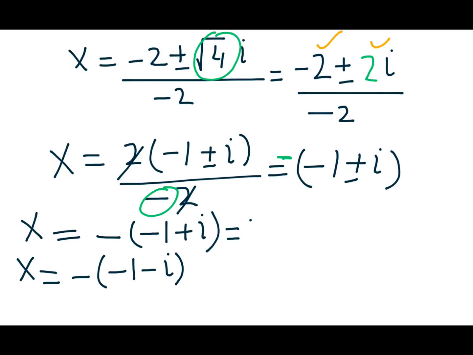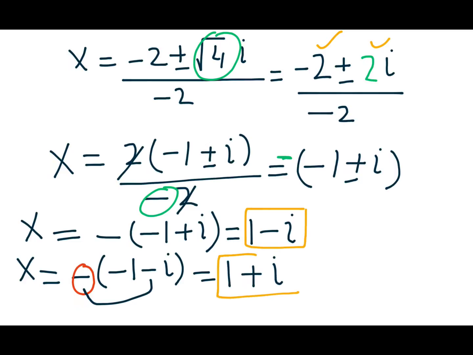So distribute the minus inside the parentheses. It will be 1 minus i. Distributing this minus inside the parentheses, we'll get 1 plus i. So those are the solutions of the given quadratic equation by using the quadratic formula.